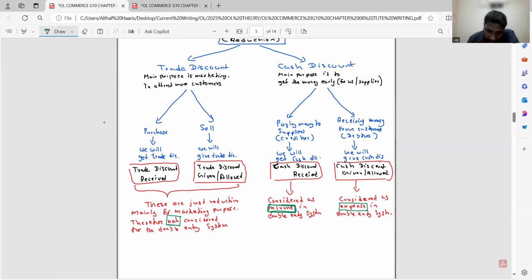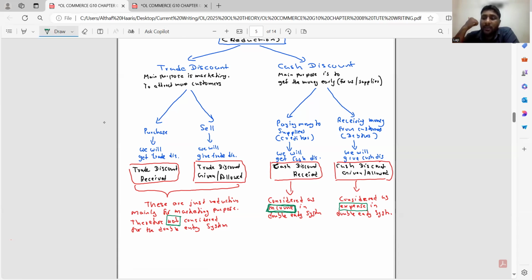Then all the students tell me, question number 1: are we taking trade discounts to the double entry system? We are not taking trade discounts to the double entry system.